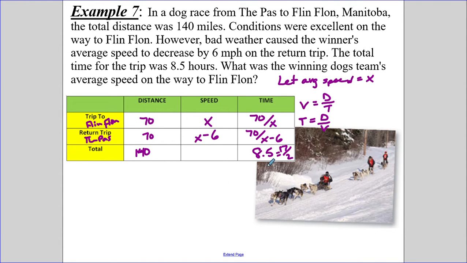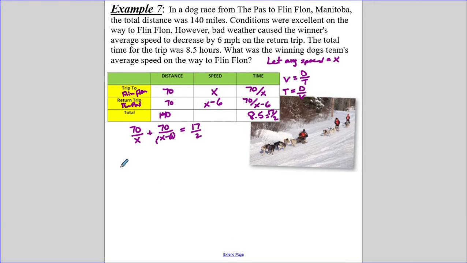Now I have this relationship where we know what the total time is, and I know how long it took to get there and how long it took to come back as expressions of the average speed x. So now I can set up this relationship: 70 over x plus 70 over x minus 6 is equal to 17 over 2. Now we've worked on problems like these before.